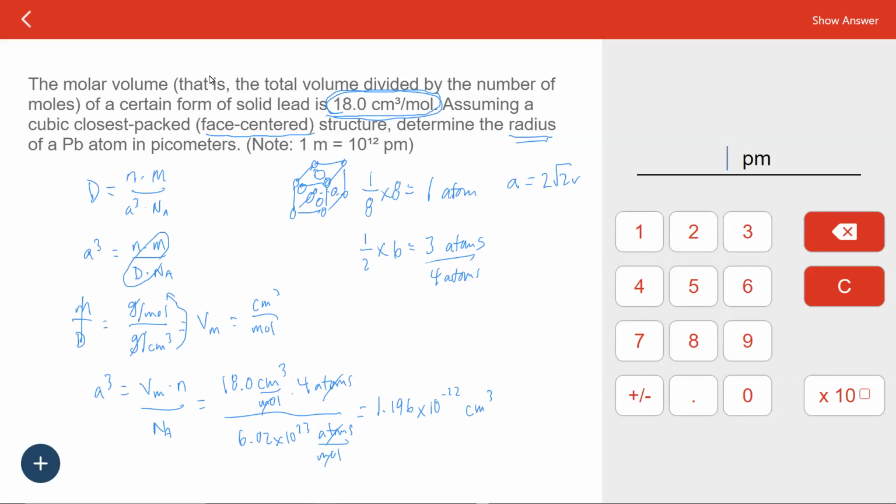So the way we find A is raise it to the 1/3 power. So we're going to raise that to the 1/3 power, and we get 4.926 times 10 to the minus 8th centimeters. Now, it asks for the answer in picometers, so the next thing I'm going to do is convert that to picometers.